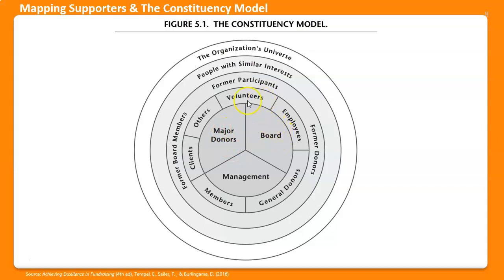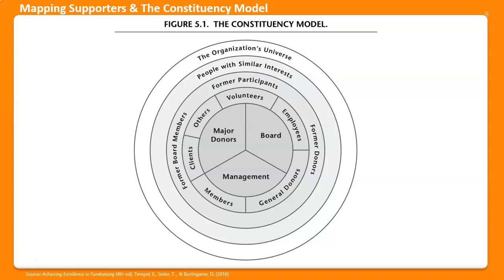So then you're going to have other constituents. These might be your clients, members, your core donors or other general donors, other employees, not necessarily the management or leadership, or volunteers. And then your next tier, and this is just an example, you'd have to think through your organization.